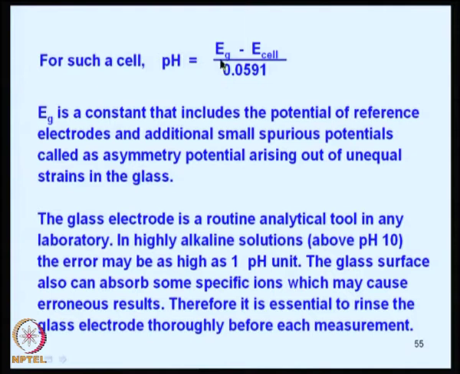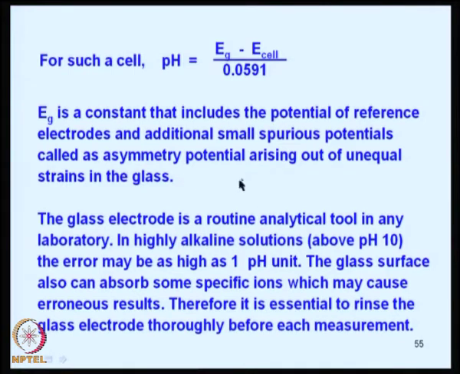So, for such a cell, pH is given by Eg, the asymmetry of the EMF of the glass cell, minus E cell, divided by 0.059 volts. Eg is a constant that includes the potential of reference electrodes and some additional small spurious potentials called the asymmetry potential.